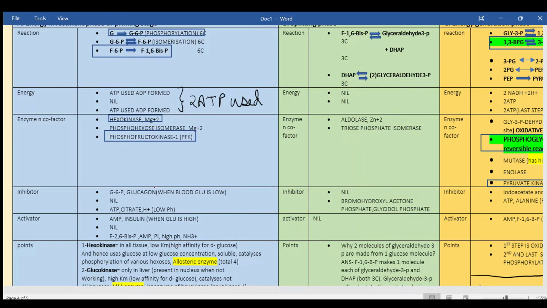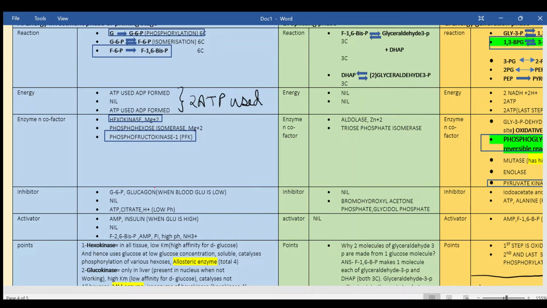Now, if glucose is very less in your body, and you need to have ample glucose so that you can do your activities, what will happen? Glycolysis will be inhibited. Why?